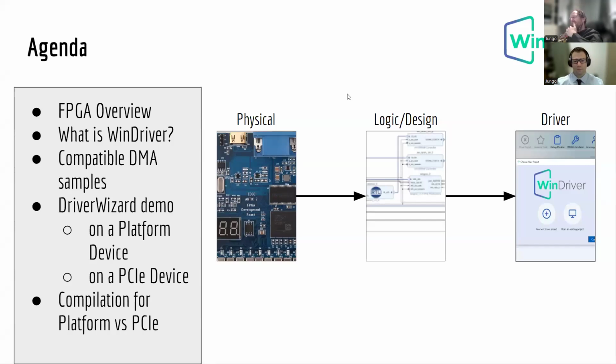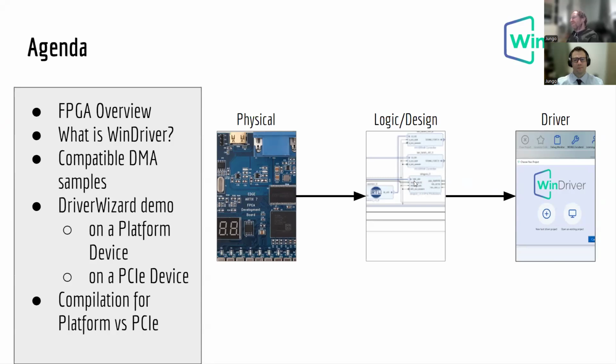So today we're going to discuss the following topics, but in general, what we're going to talk about is designing drivers for hardware products. Before we can make a driver for a hardware product, first of all, we need to discuss two layers that come before the driver, which are the physical layer and the logic and design layers.